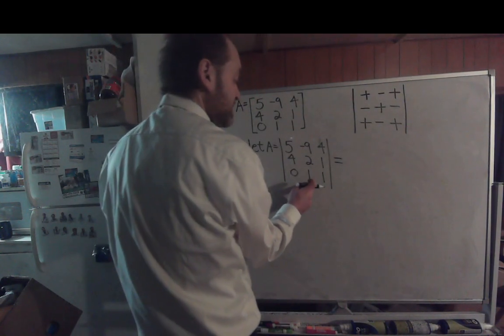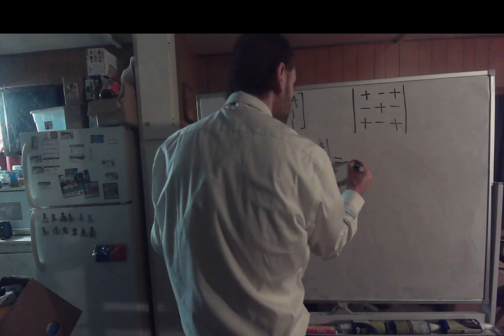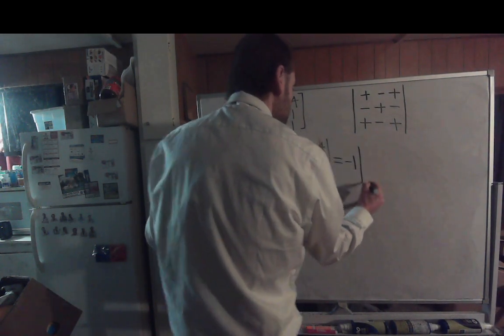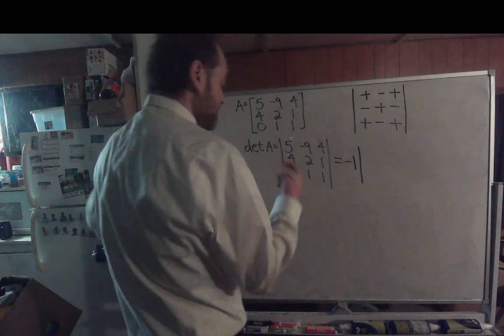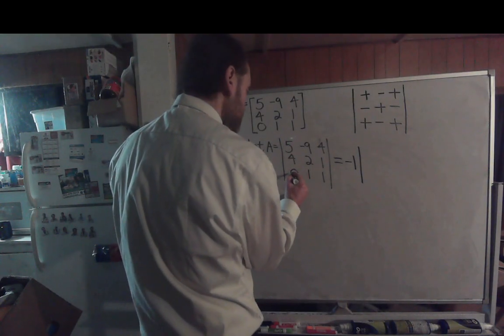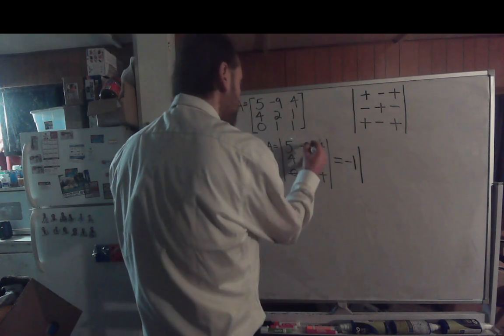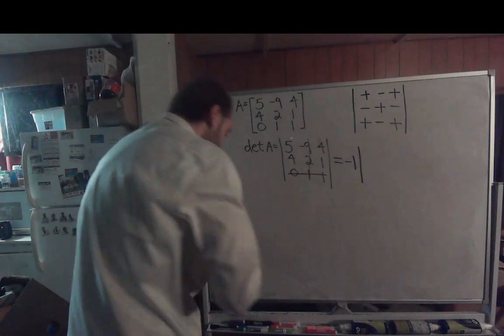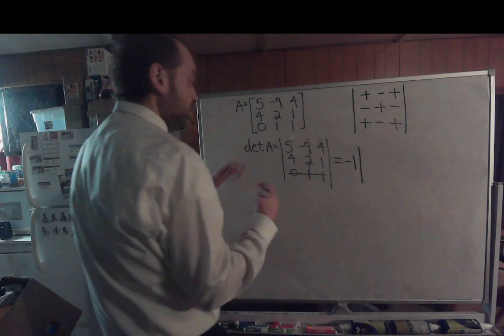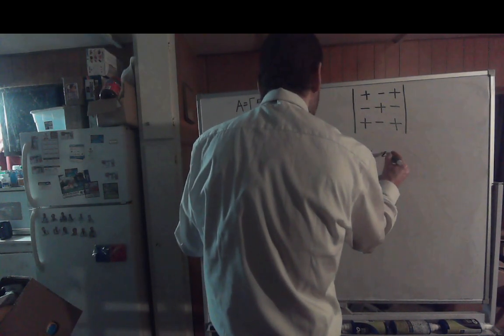So you have a positive 1 in here, negate that, you'll get negative 1. Now, we're working in the third row here. So strike out the row that 1 is in, and then the column. That's going to give you the determinant of whatever's left over, which would be 5, 4, 4, 1. All right.